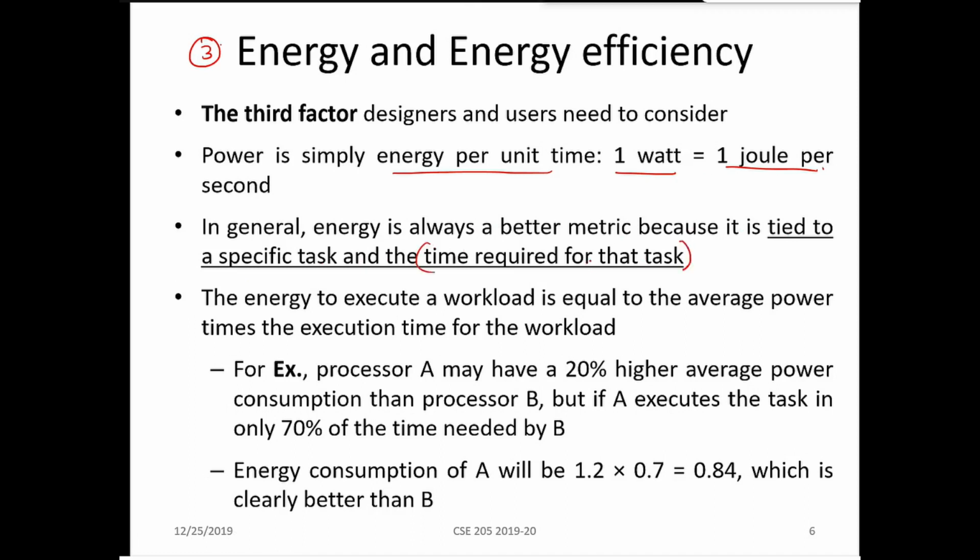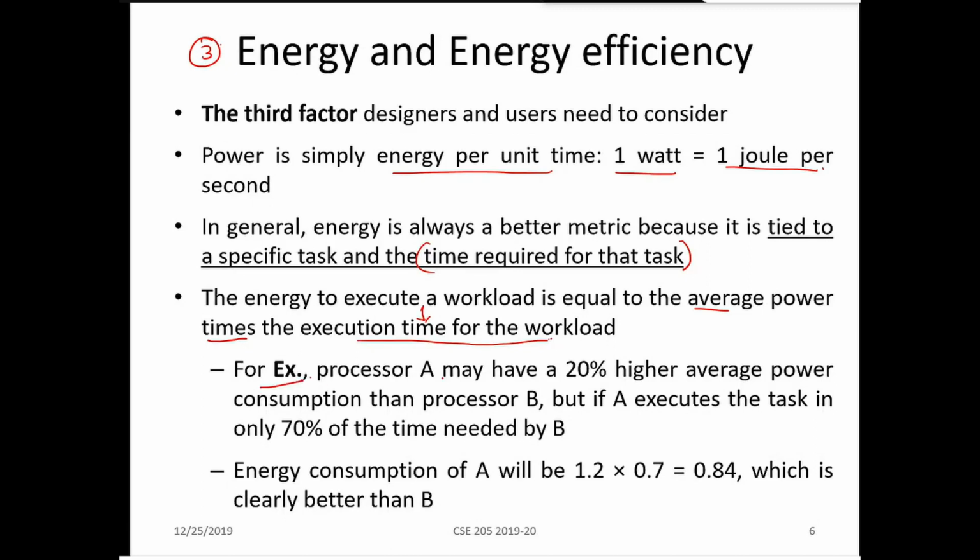So when you are saying the time required for the task, we are trying to compute the energy. Always, the energy to execute a workload is equal to the average power times the execution time for the workload.